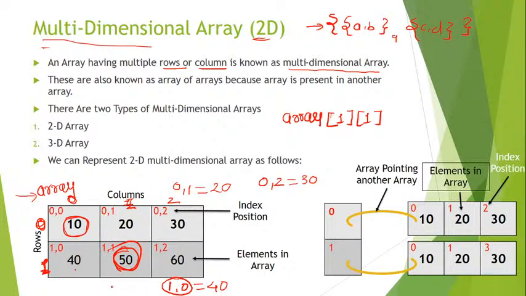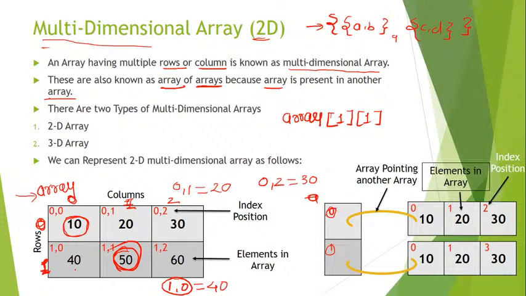And after that, I have already told you, there is also something known as an array of arrays, because an array is present inside another array. Now I'll show you what it means. Consider this one is our array, with index 0 and index 1.